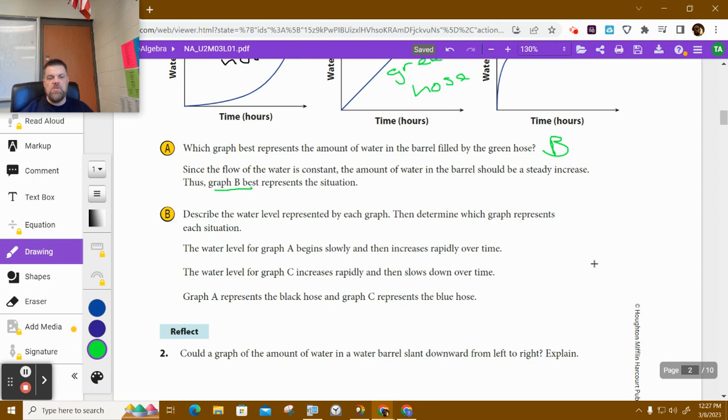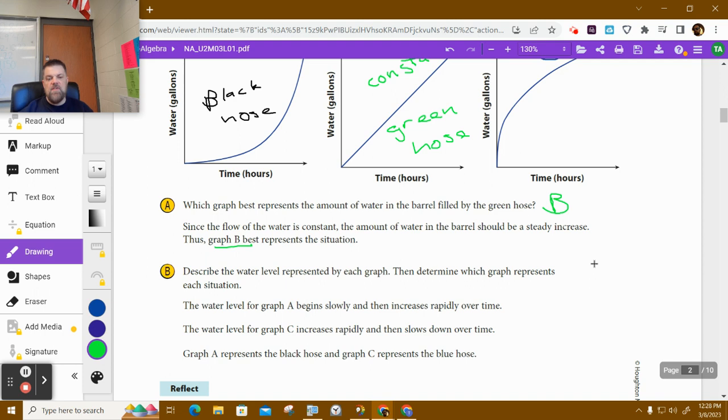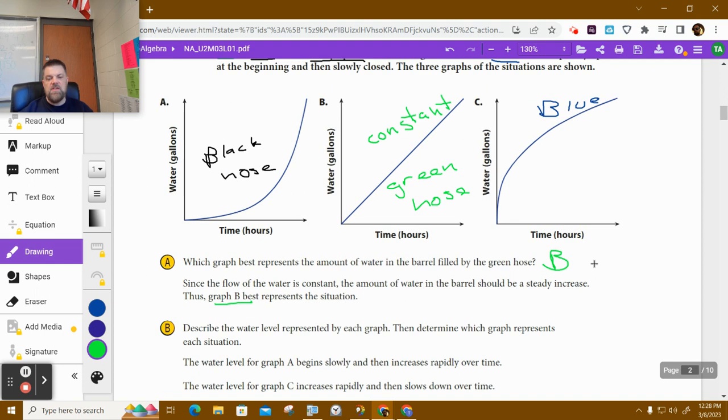For part B, it says describe the water level represented by each graph. The water level for A begins slowly and increases rapidly over time. That was, as we said, the black hose, right?